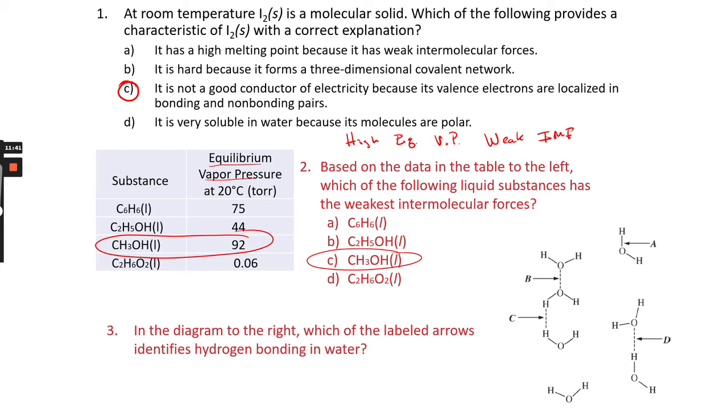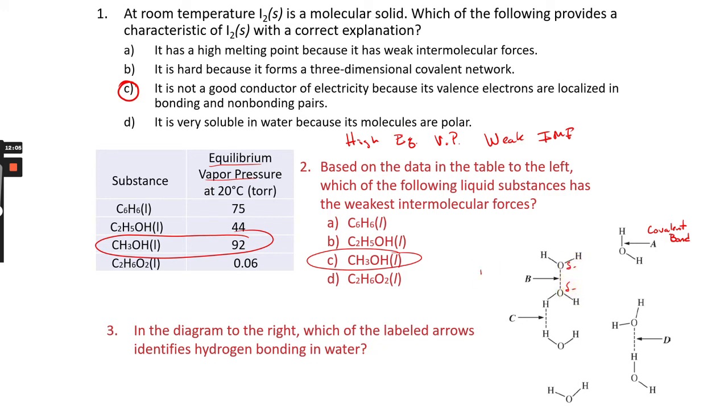In the diagram to the right, which of the labeled arrows identifies hydrogen bonding in water? Let's look at A. A is the line between oxygen and hydrogen. That is a covalent bond. Let's look at B. B is a dotted line between the two oxygens. Now the oxygens have a partial negative charge on them.